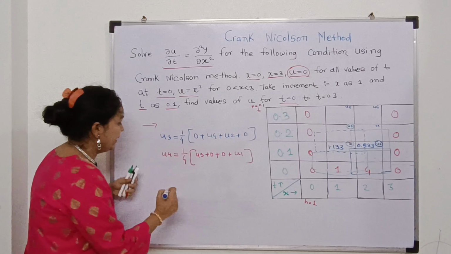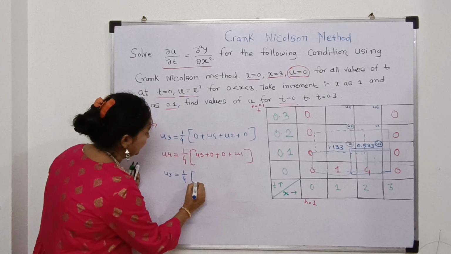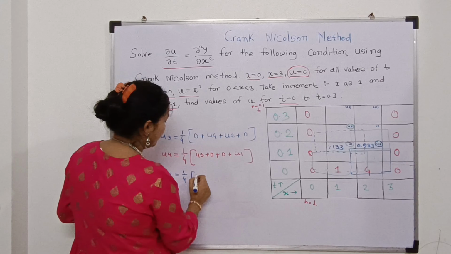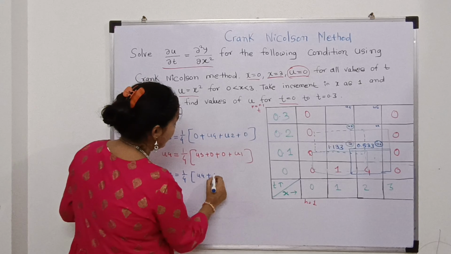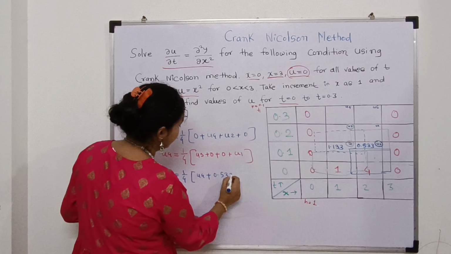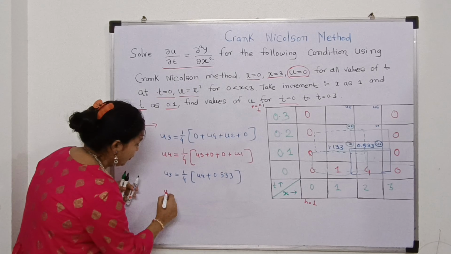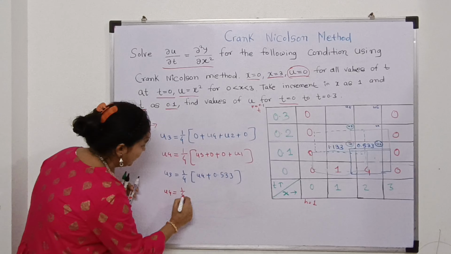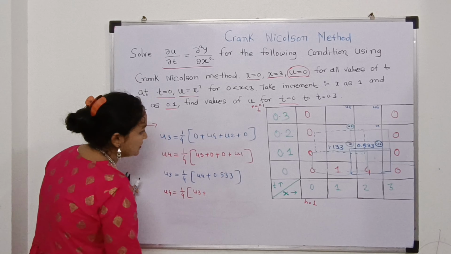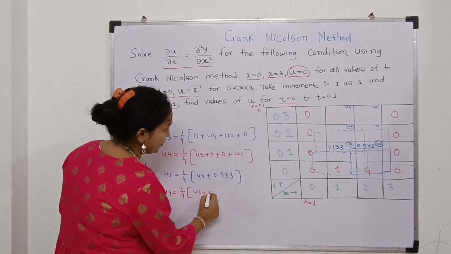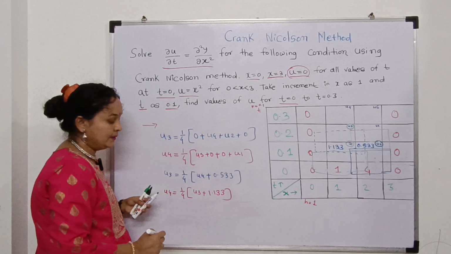So u3 is equal to 1 by 4 into u4 plus the u2 value, that is 0.533, right? And similarly for u4, 1 by 4 into u3 plus the u1 value that you just calculated, that is 1.133, right?